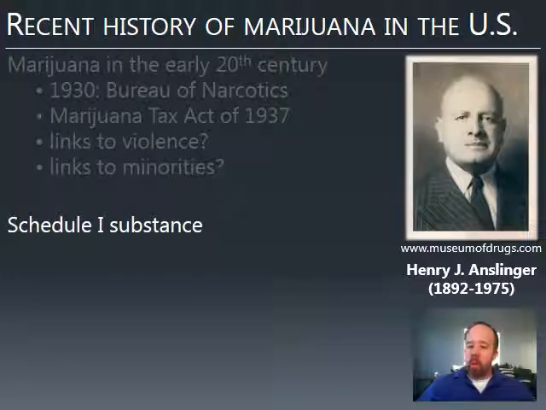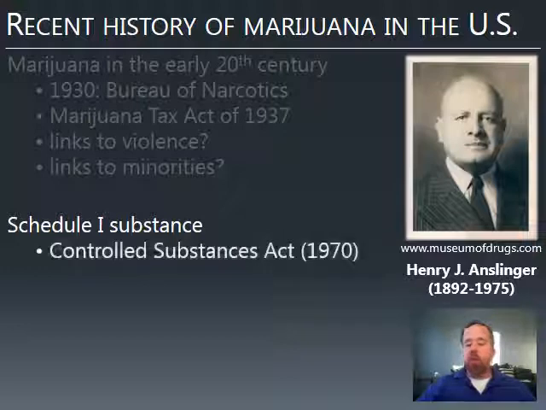But marijuana is and has been a Schedule I substance. Of course, the drug schedules weren't established in the 30s. They were established by the Controlled Substances Act of 1970, which was passed during the Nixon administration. And we've already talked about this as well during our unit on drug regulation.